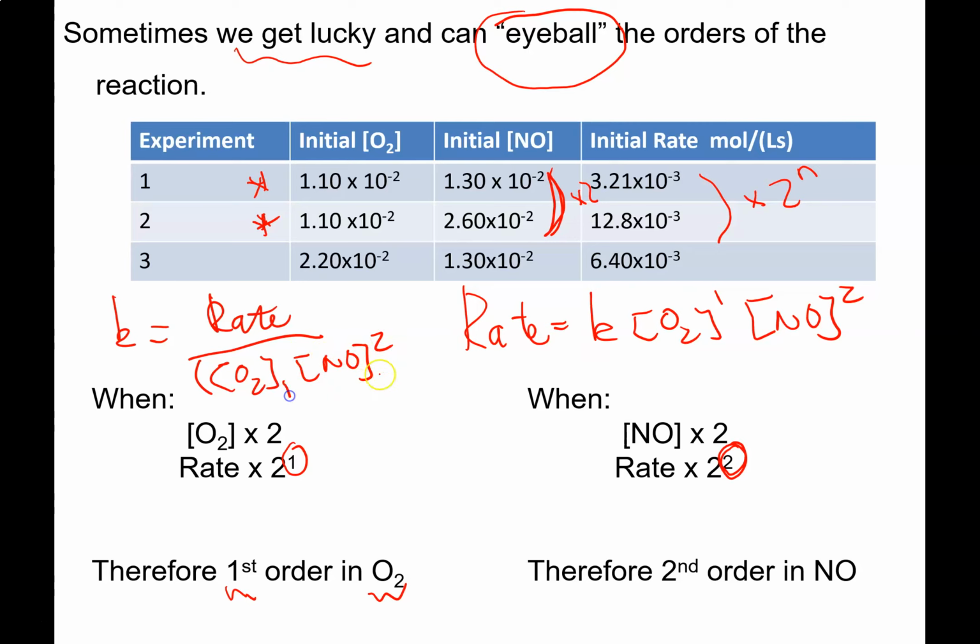And I normally do this for the first experiment that I'm given. If everybody does the first experiment, then we'll always have super consistent results. It shouldn't matter what experiment I use, because remember, the rate constant doesn't depend on the concentration, it only depends on the temperature.